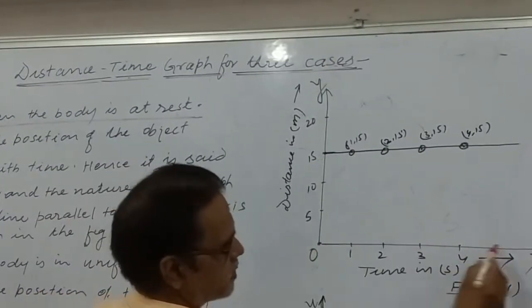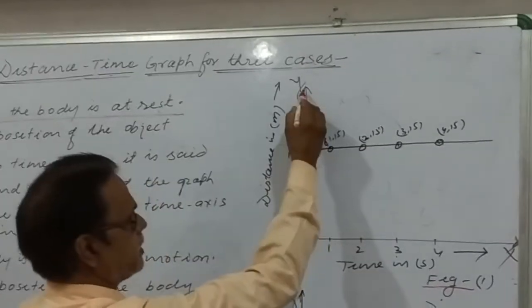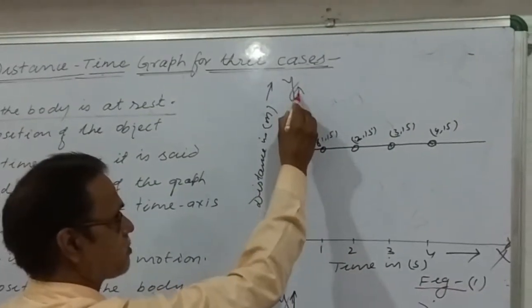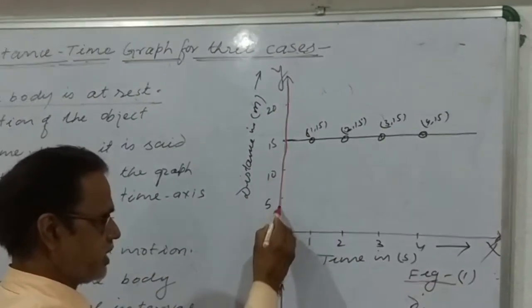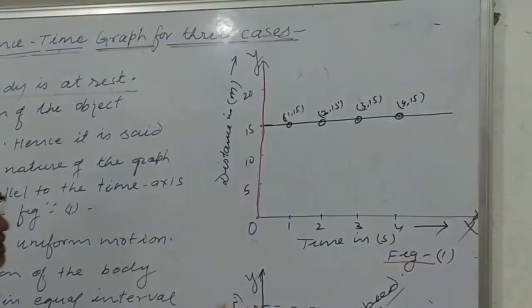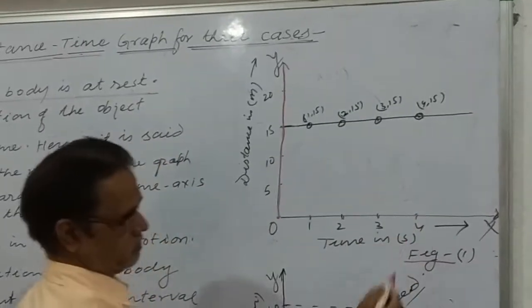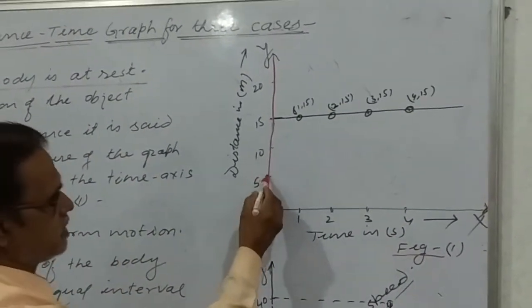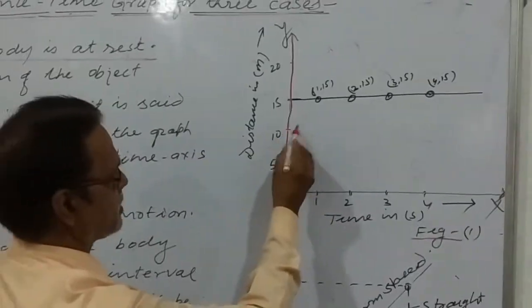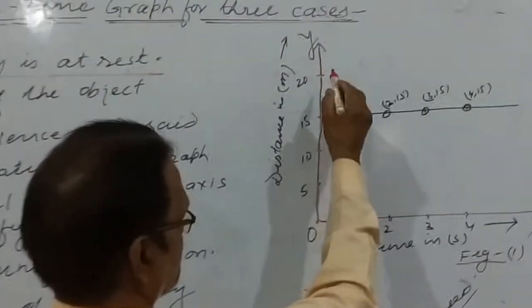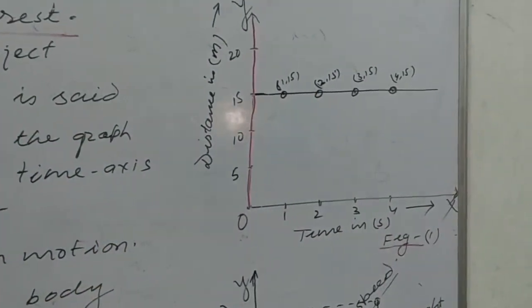The time is taken on x-axis and distance is taken on y-axis, right? The time is in seconds, 1, 2, 3, 4. Distance in meters, 5 meter, 10 meter, 15 meter, 20 meter, in this way.